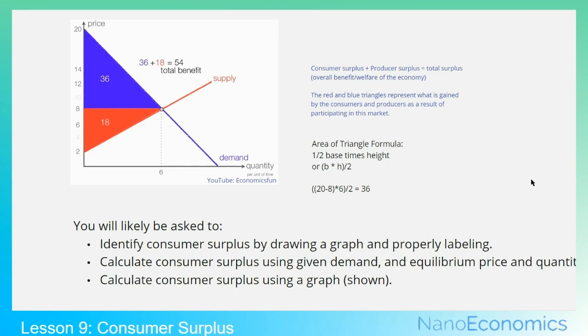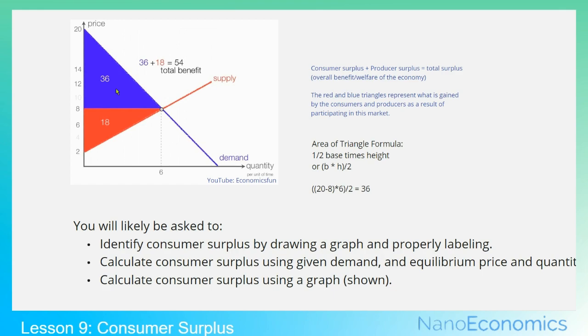Or I usually find the base and the height of the triangle and then divide that number by 2. So here we've got a height of 20 minus 8, or 12, and a base of 6, so 12 times 6 is 72. 72 divided by 2 is 36.